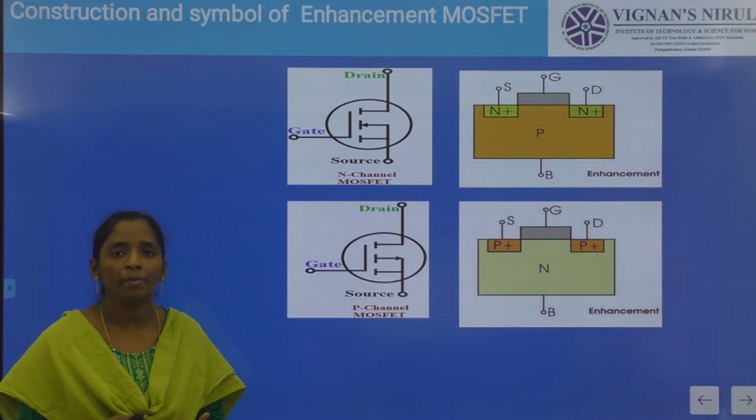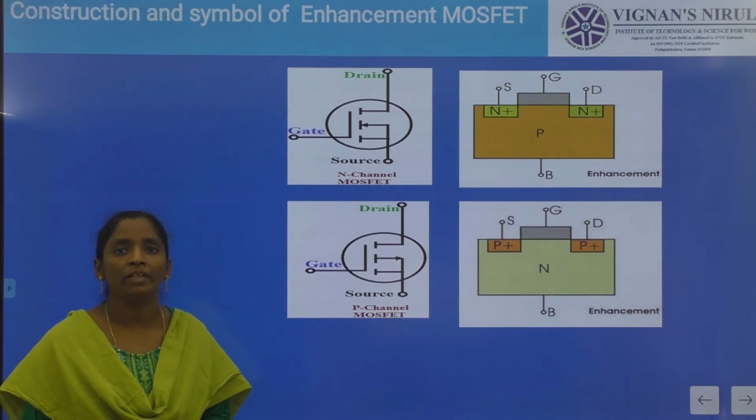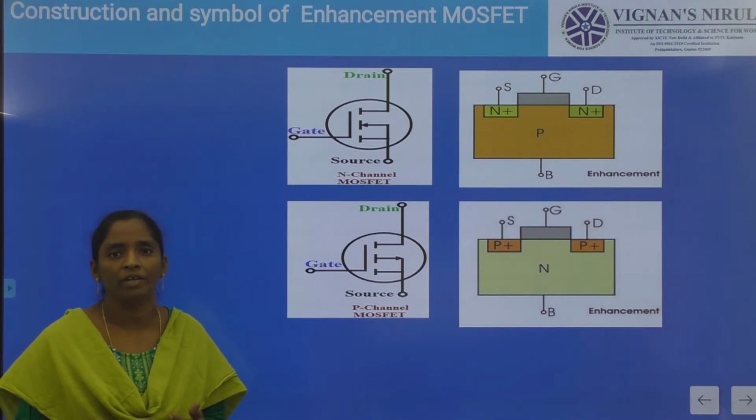That means the number of majority charge carriers will reduce due to the application of an external electric field. Now we are going to see the enhancement MOSFET. In the enhancement MOSFET, the number of majority charge carriers will increase by the application of an external transverse electric field.